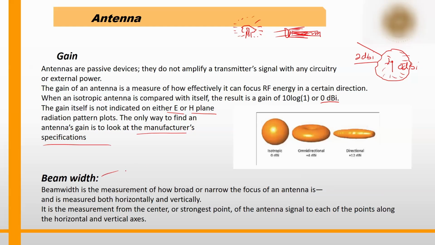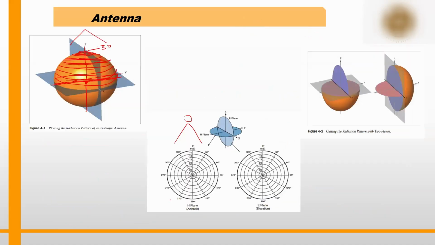There is a concept of beam width. Beam width is nothing but the focus. Beam width is the measurement of how broad or narrow the focus of an antenna is and is measured both horizontally and vertically. It is the measurement from the center or strongest point of the antenna signal to each of the points along the horizontal and vertical axis.